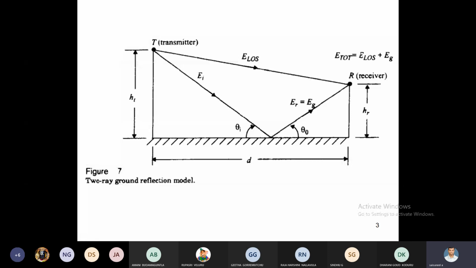Here we have to consider two angles, theta I and theta naught. Theta I in this figure is the incident angle. Theta naught is the reflected angle. Finally, there are two paths coming to the receiver, so the total energy E total is equal to ELOS plus EG.